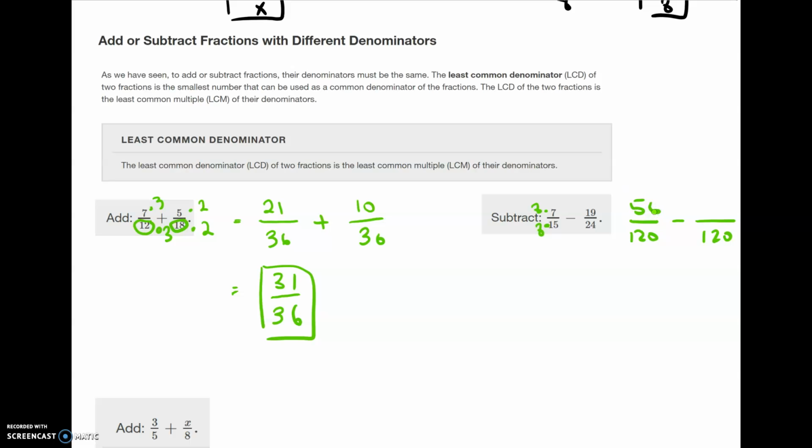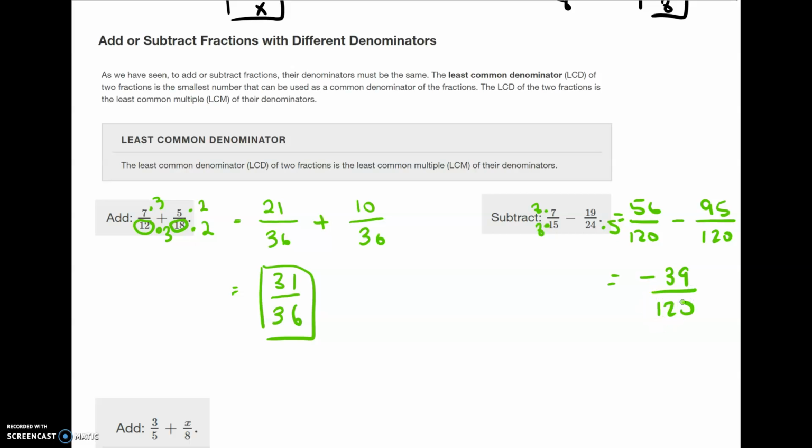And then 24, you have to multiply by 5, and that would give you 120, which means you need to multiply 19 by 5, which would be 95. And so now you would just subtract the numerators. So 56 minus 95 is going to end up being negative 39 over 120.